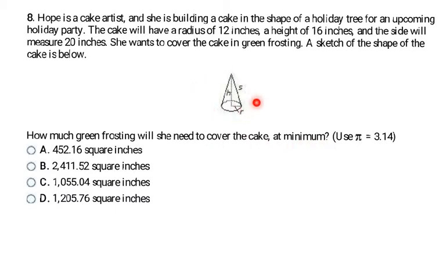So she's covering the surface of the cake. So that means we're going to be calculating surface area. So the surface area formula for a cone is equal to pi times the radius times the slant height plus pi times the radius squared.